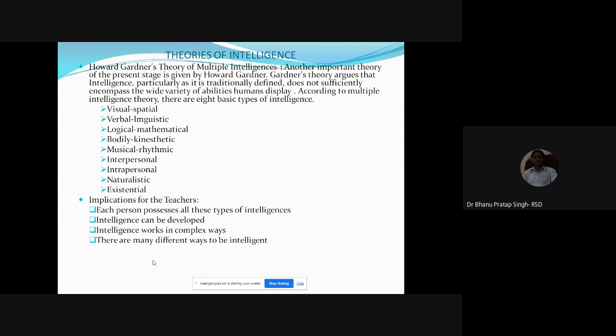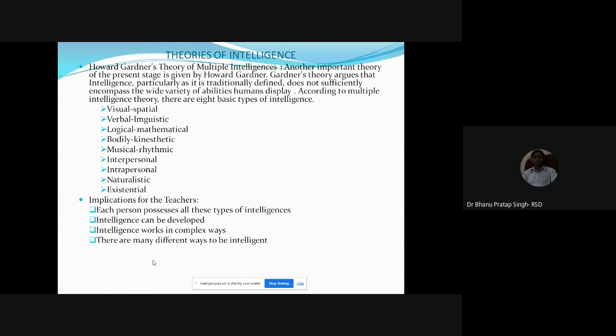He has identified the eight types of intelligence. One is visual spatial, verbal, imagistic, logical mathematical, bodily means kinesthetic, musical means rhythmic, interpersonal, intrapersonal, even naturalistic, existential.